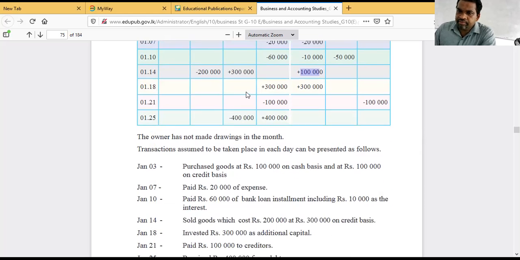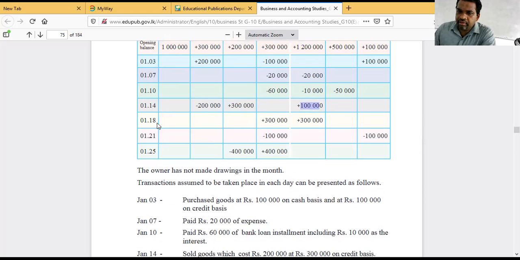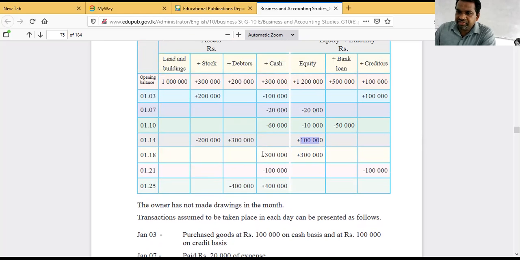Next transaction had occurred 18th January. They have put plus 300,000 under cash, another plus 300,000 under equity. Therefore, it can be income received by business or additional capital. We can mention either additional capital or income received, because they haven't mentioned anything specifically.